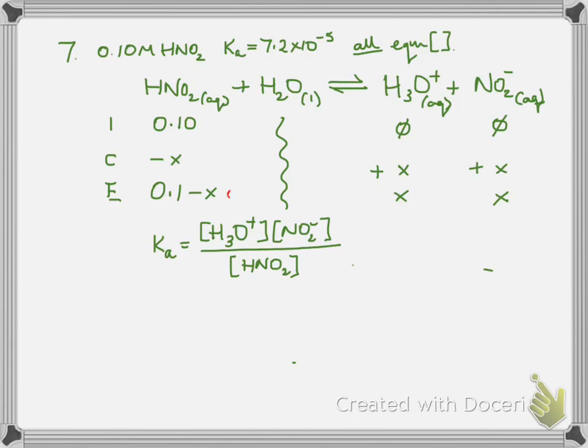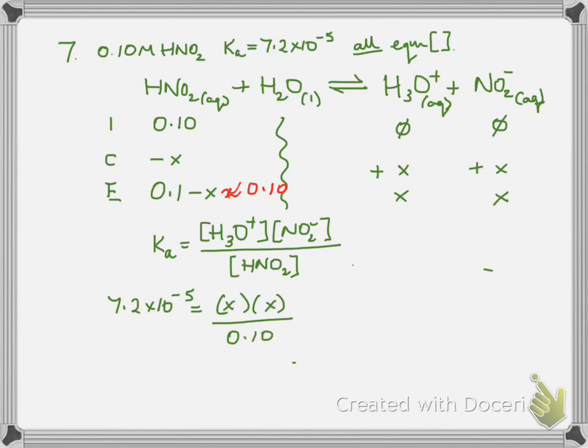So this we're going to say is approximately 0.10. So our equilibrium expression now becomes 7.2 times 10 to the negative 5 equals x times x divided by 0.10.